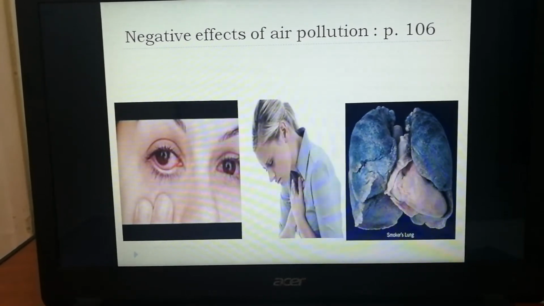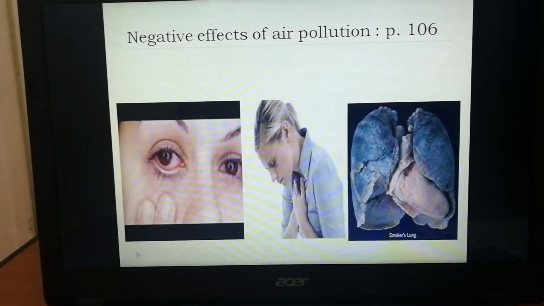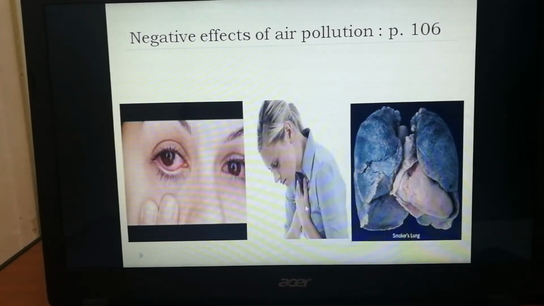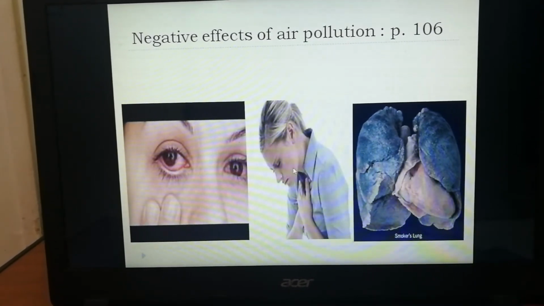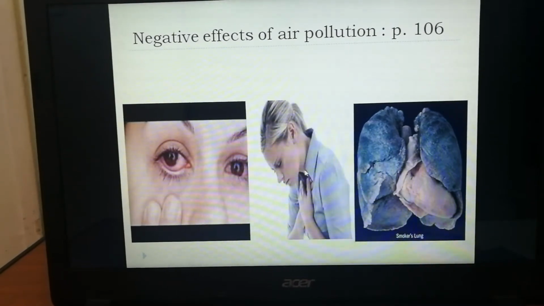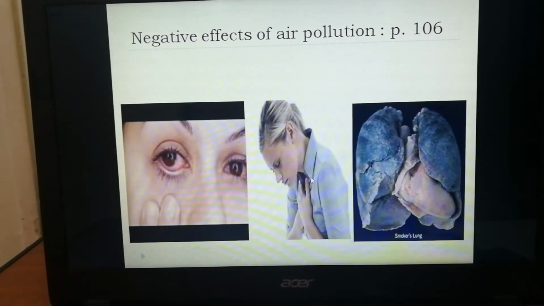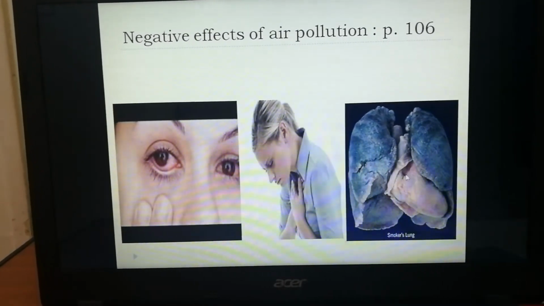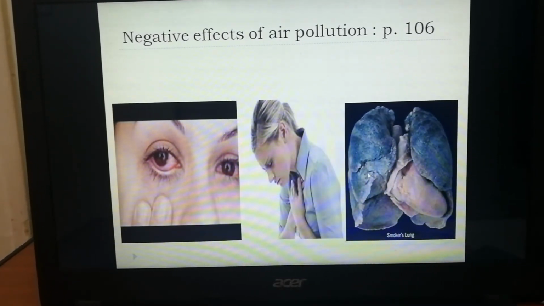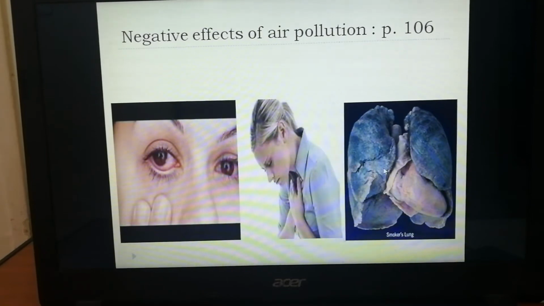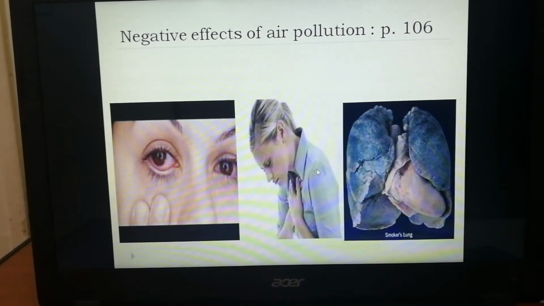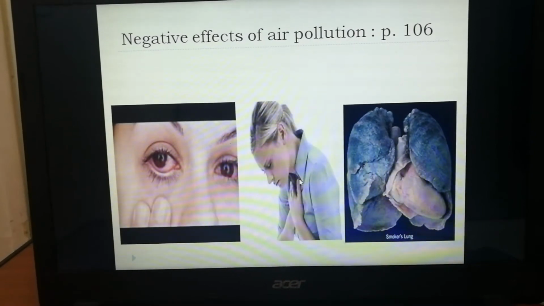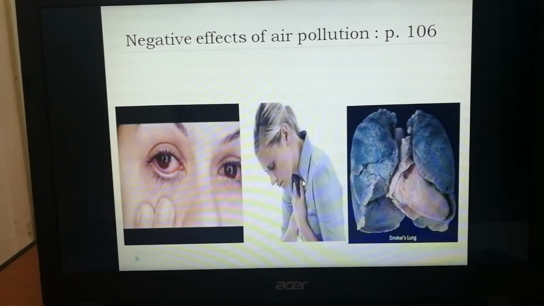Eye irritation. Also, it affects the respiratory system. It makes problems in the respiratory system. See here the lungs. They are affected by air pollution, which also might lead to lung cancer and other health problems.